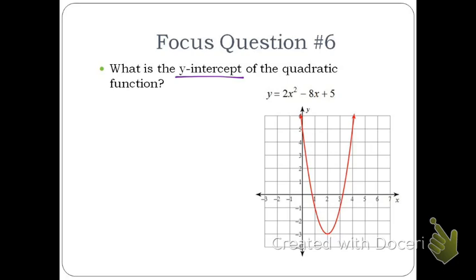Just remember that the y-intercept is always going to cross the y-axis going up and down. So, where does this cross? It looks like it crosses at (0, 5). So the y-intercept is at (0, 5). Alright. Cool.